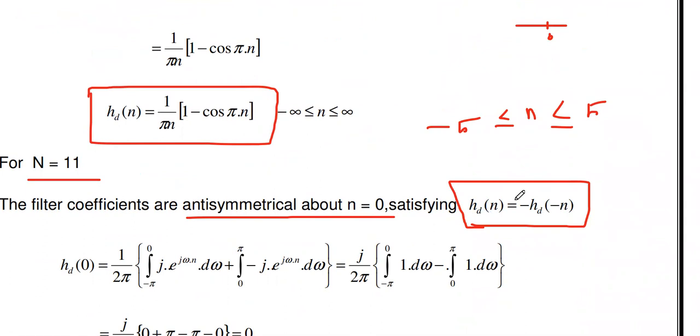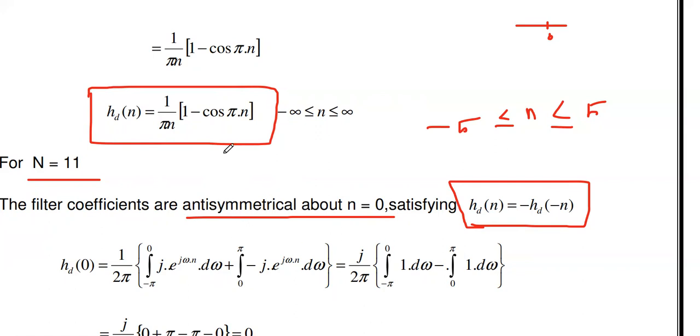If it is symmetrical, hd(n) equals hd(-n). That is, hd(1) and hd(-1) are both equal, hd(2) and hd(-2) equal. But this Hilbert transformer satisfies the anti-symmetrical property. That means hd(n) is equal to minus hd(-n) about n equal to 0.